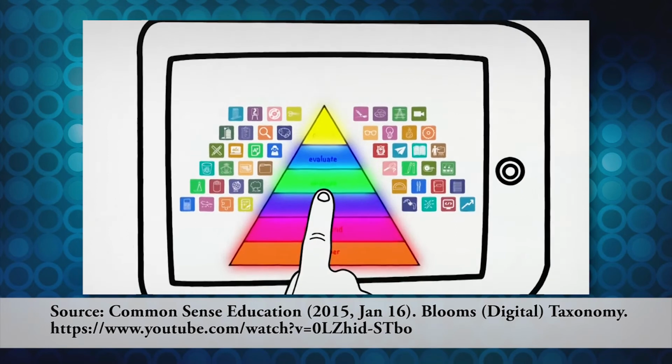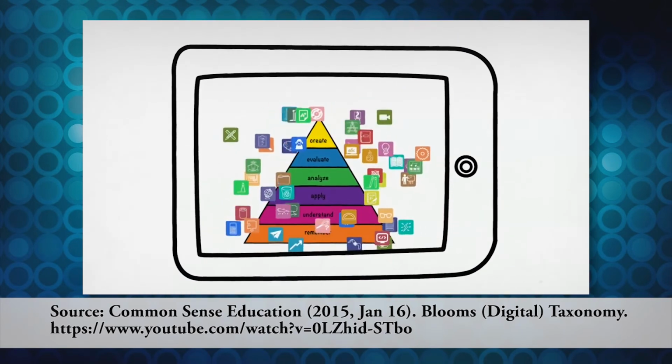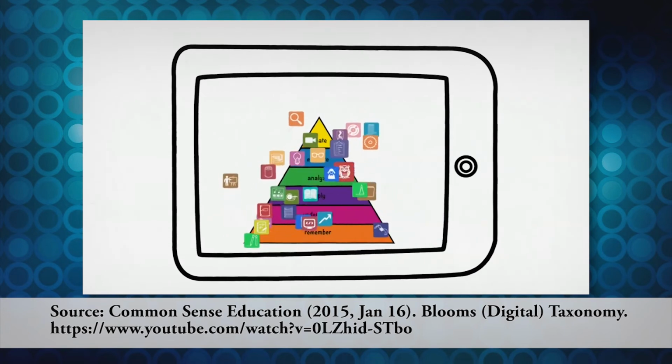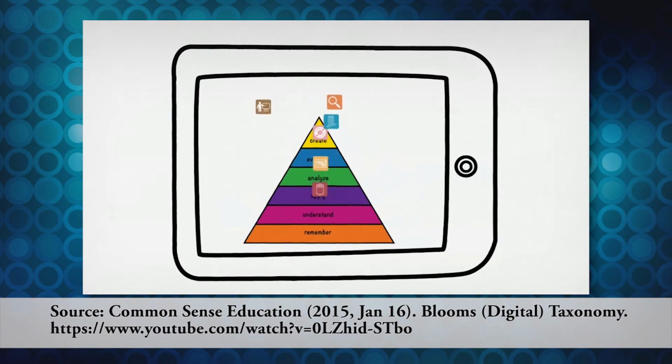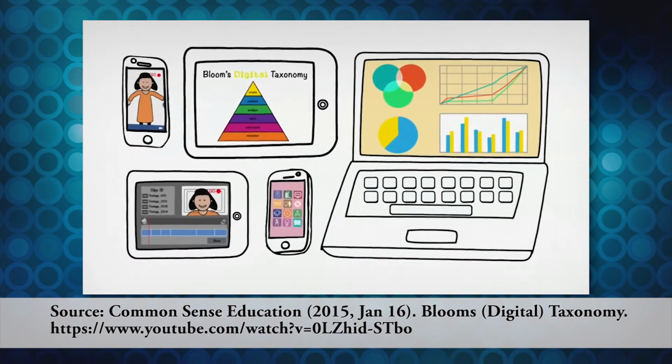So, as you weave technology into your teaching, ask yourself, how can the tools you use support different cognitive levels? Which tools help you address lower-order thinking skills? And which can help challenge students' higher-order thinking skills? Consider how Bloom's digital taxonomy can help you identify ways to design technology-rich learning experiences for your students.